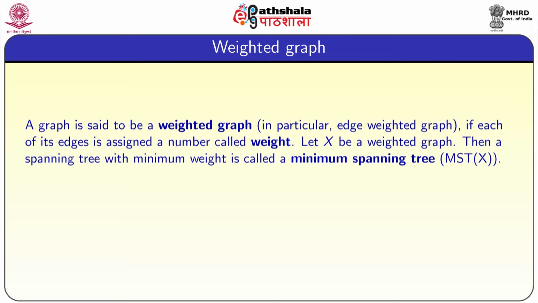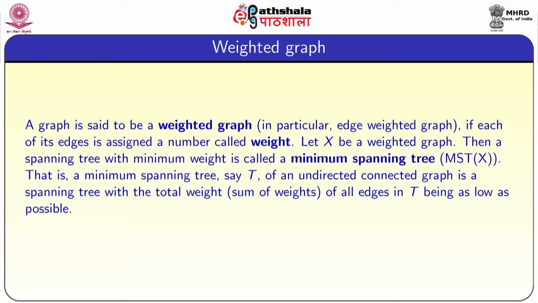Out of all the spanning trees, the one with minimum total weight is called a minimal spanning tree of the graph X. That is, the minimum spanning tree T of an undirected connected graph is a spanning tree with total weight, the sum of the weights of all edges in T, being as low as possible.